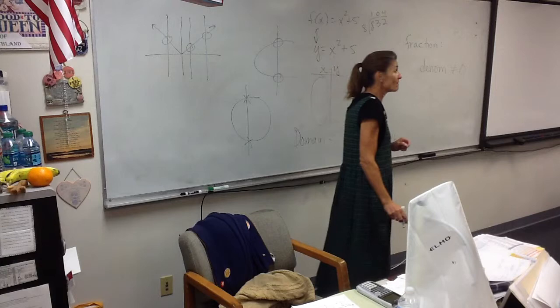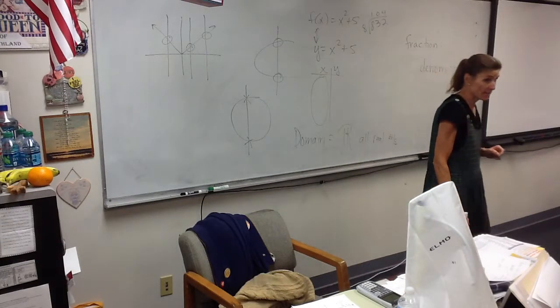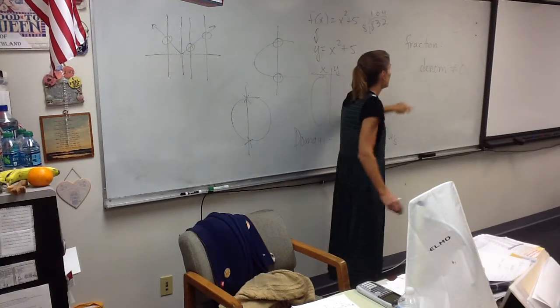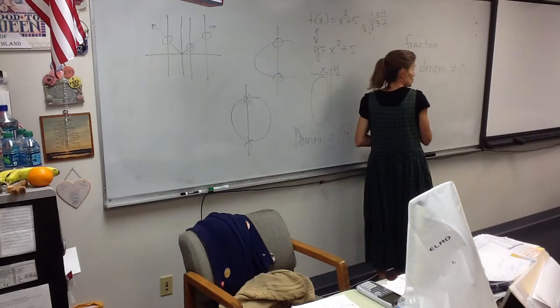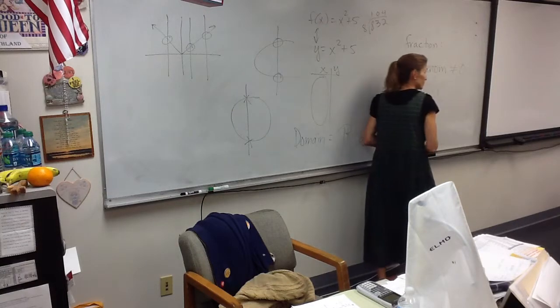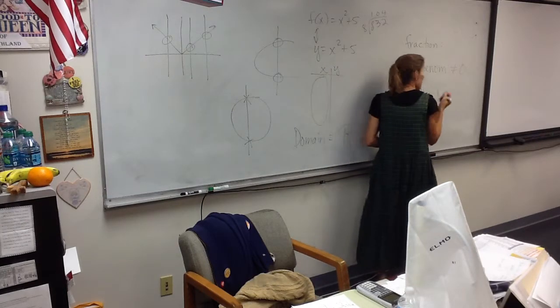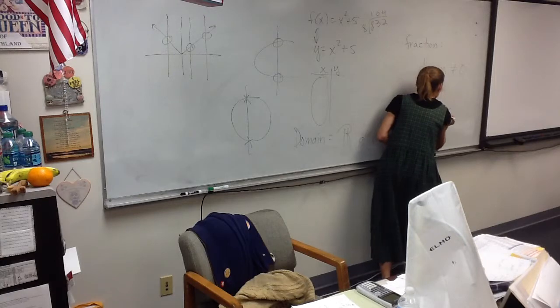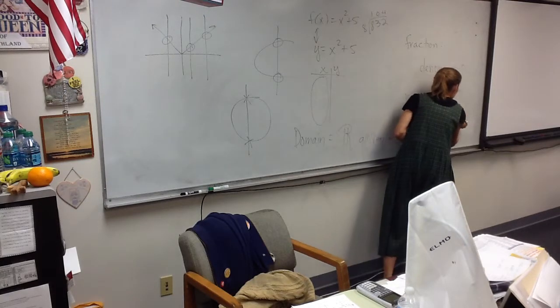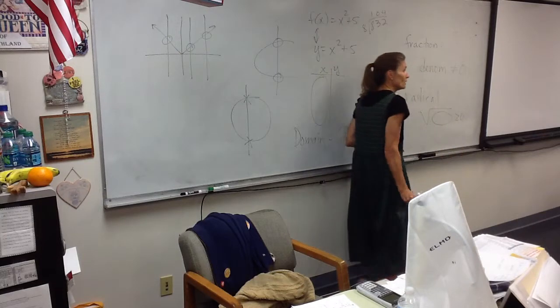So if you have a problem with a fraction in it, you've got to pay attention to this. The other issue is with a radical. And with a radical, whatever is under here has to be greater than or equal to 0.